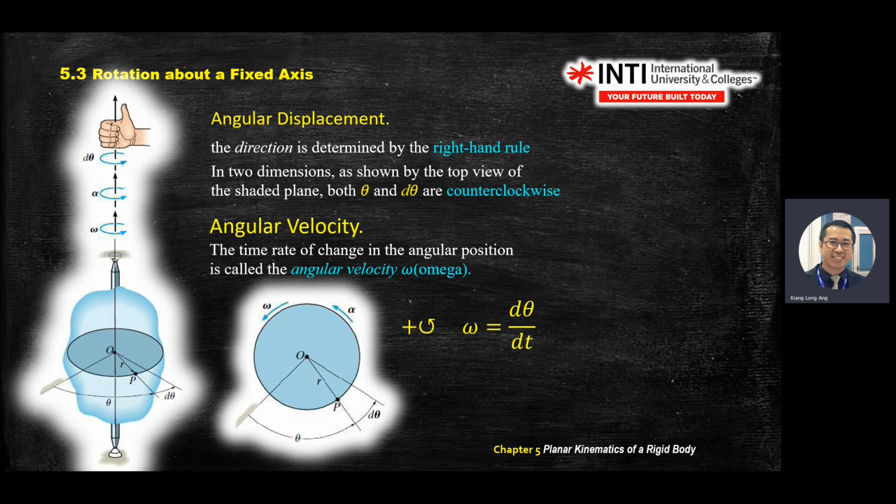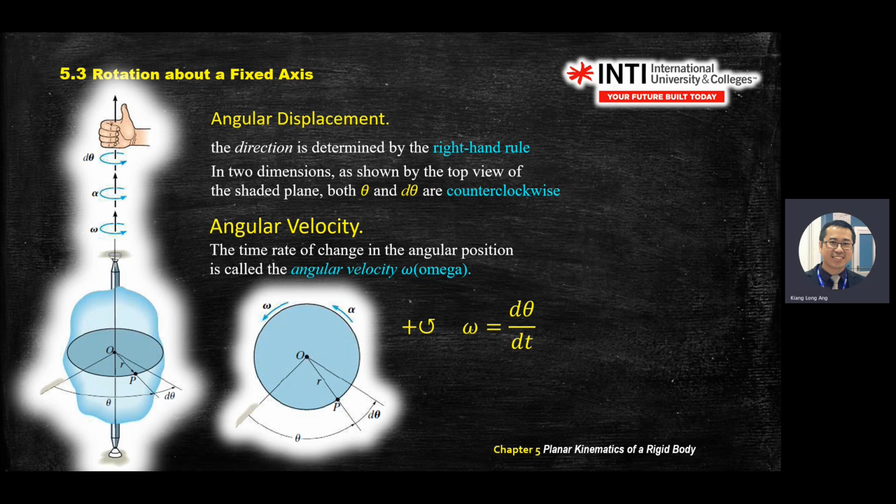But now you're looking at angular dimension, rigid body. So how do you define position? In this case, you use theta. So omega is linked with theta. And the positive direction is anti-clockwise, right-hand rules.